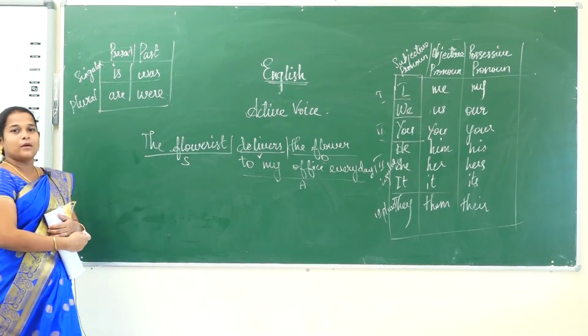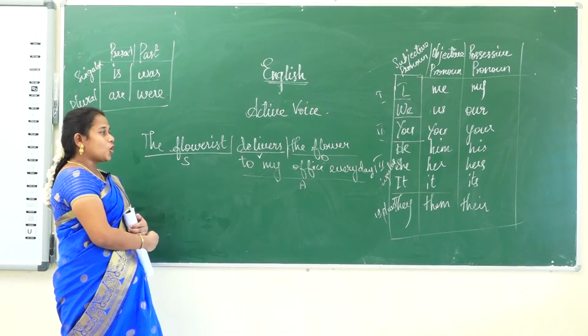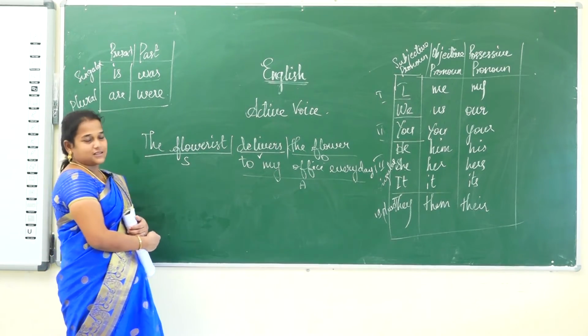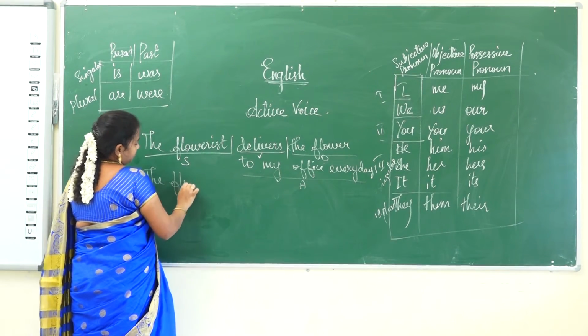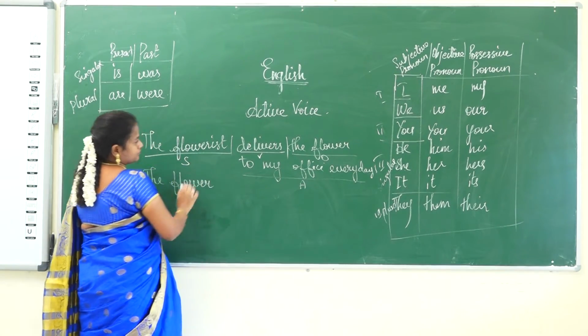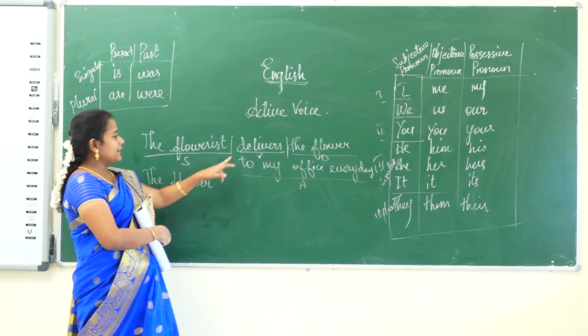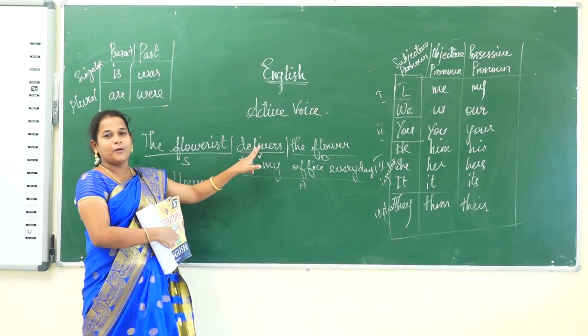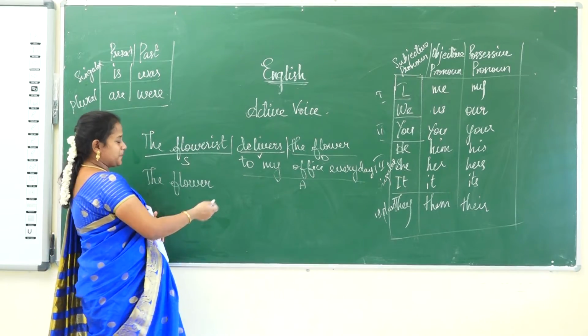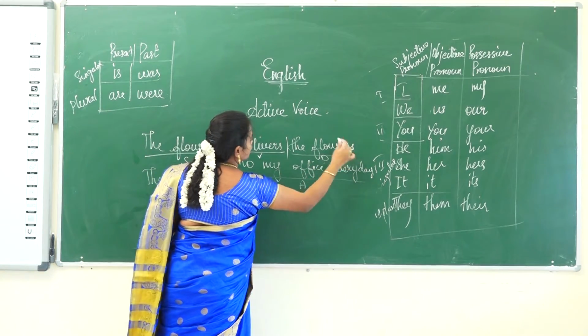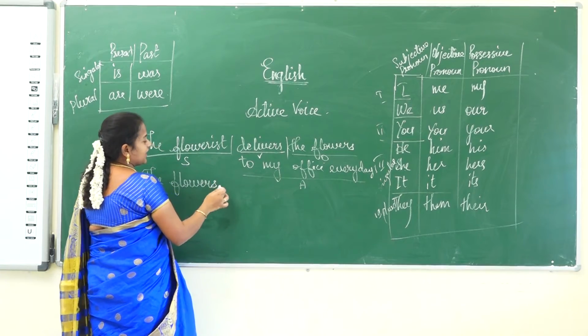So, the first rule, we have to take this object in the place of subject. So, the flower. Okay. Here, delivers, it is in the form of present tense. So, the flowers, if it is plural form, then we have to change are.